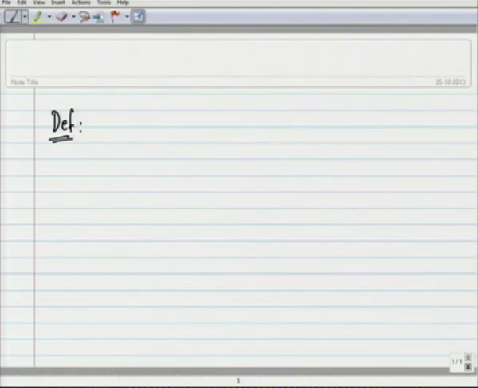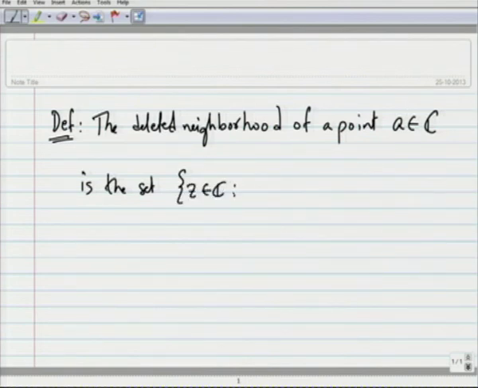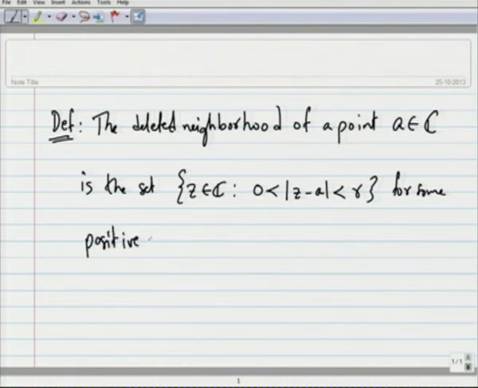Here we define the deleted neighborhood of a point in the complex plane. The deleted neighborhood of a point A in the complex plane is the set of all complex numbers z such that 0 is strictly less than the modulus of z minus A, which is strictly less than r, for some positive real number r.